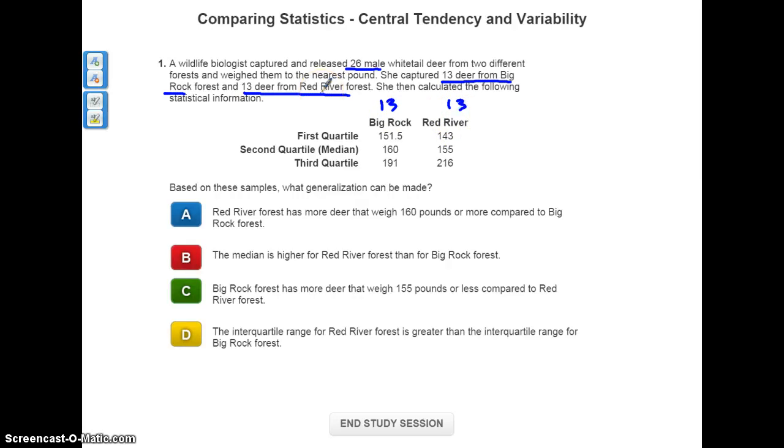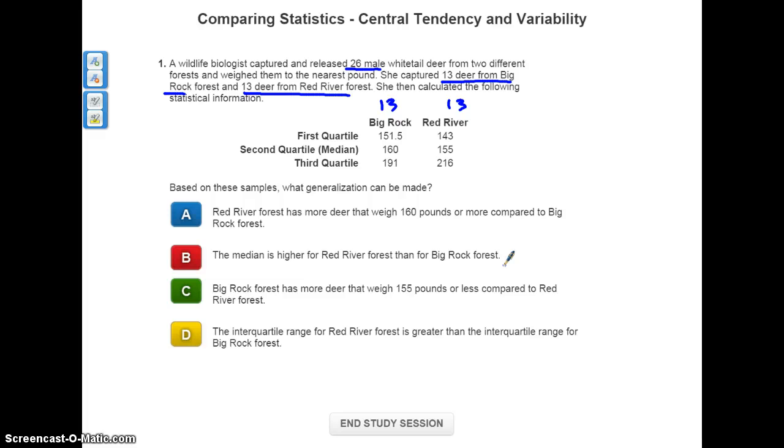So sometimes you will have to read that here. Now, based on what I see down here, though, I don't have that question to answer. So what I'm going to do is eliminate certain choices first, and I want to give myself pretty much a slam dunk of an answer here. When I read through all these possible choices for this generalization, the first one that stood out to me was letter B. The median is higher for Red River Forest than Big Rock Forest.